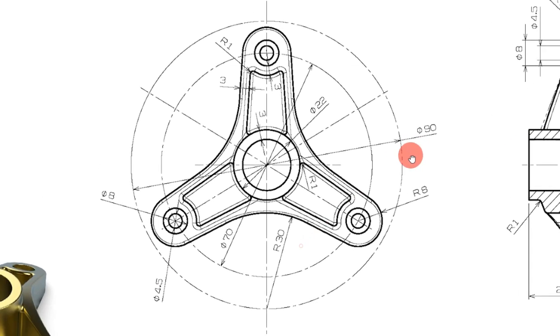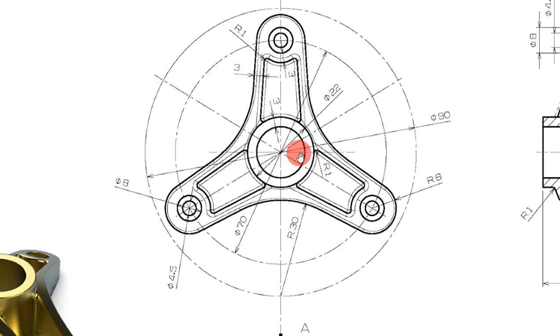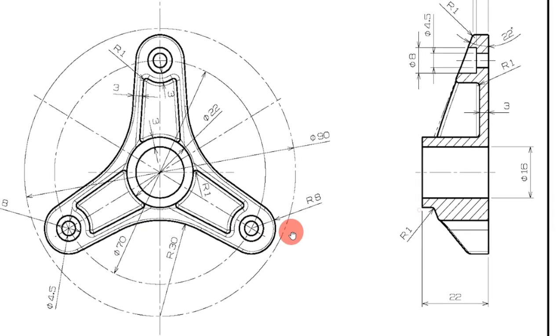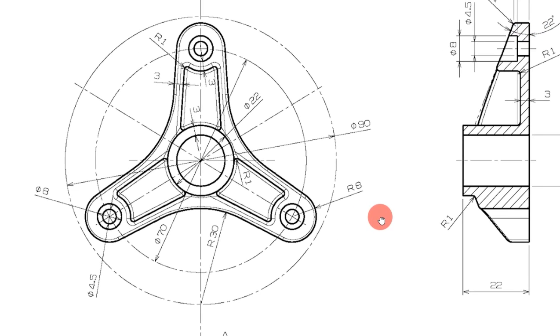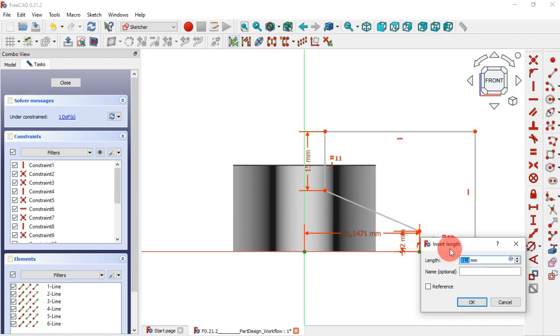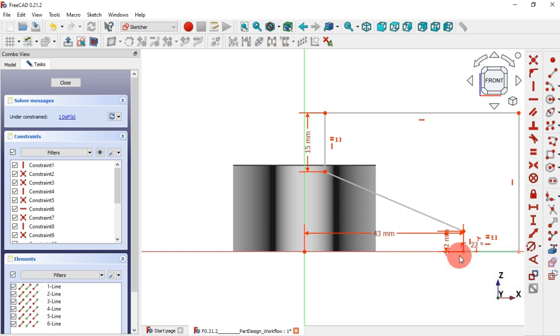Okay, as you can see here, from this origin point to the center point of this arc here, we have 35 millimeters, the half of 70, and to set the dimension of this line starting from this origin point to this end point here, we need to add 8 millimeters, the half of this diameter here. So here we'll add this formula, 35 plus 8, and get 43 millimeters. Now we have 1 degree of freedom.